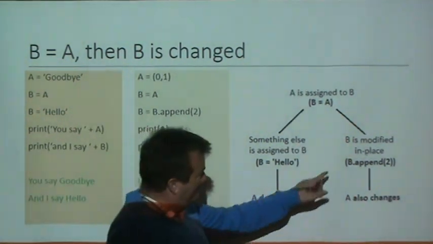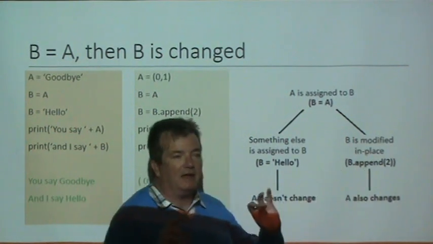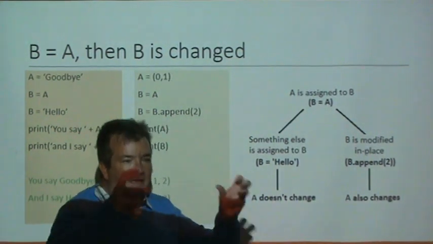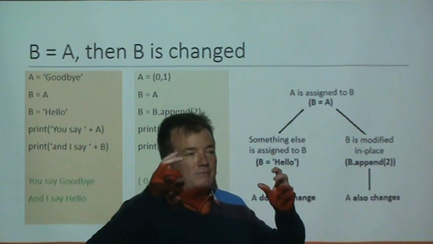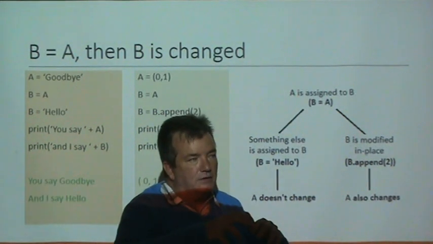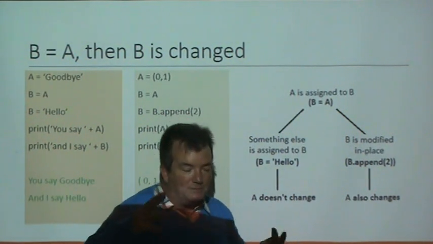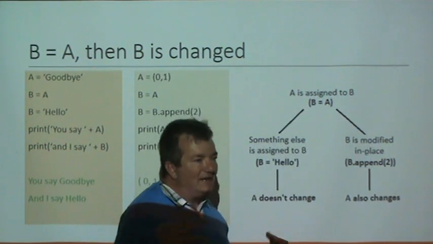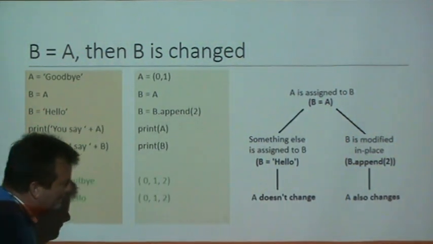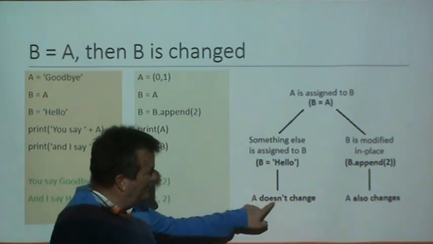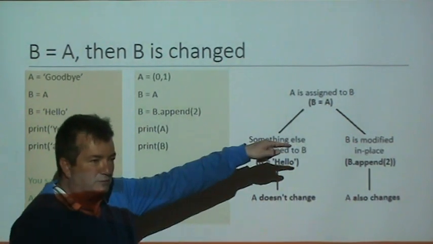But on the other hand, if we say B is equal to, and we apply a function on B, on the object B, it means the object was updated in place, so A still refers to it. So in this case, A does not change, it refers to the old thing it was referring to.